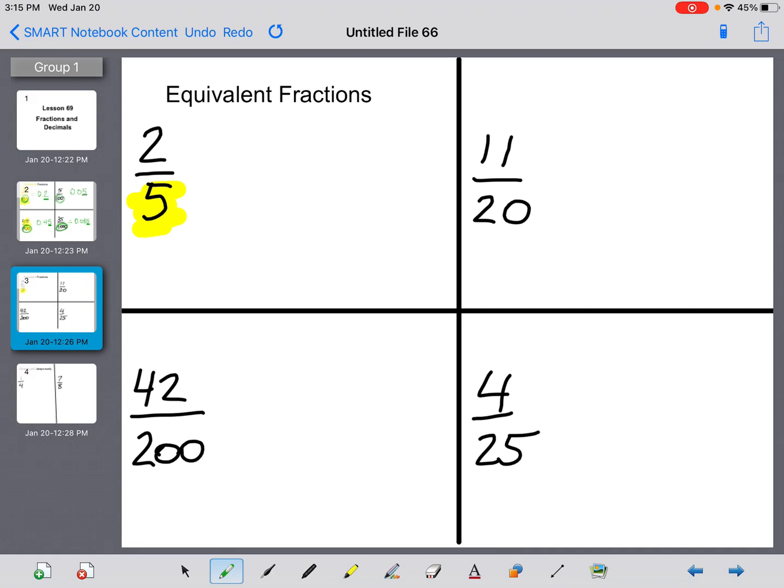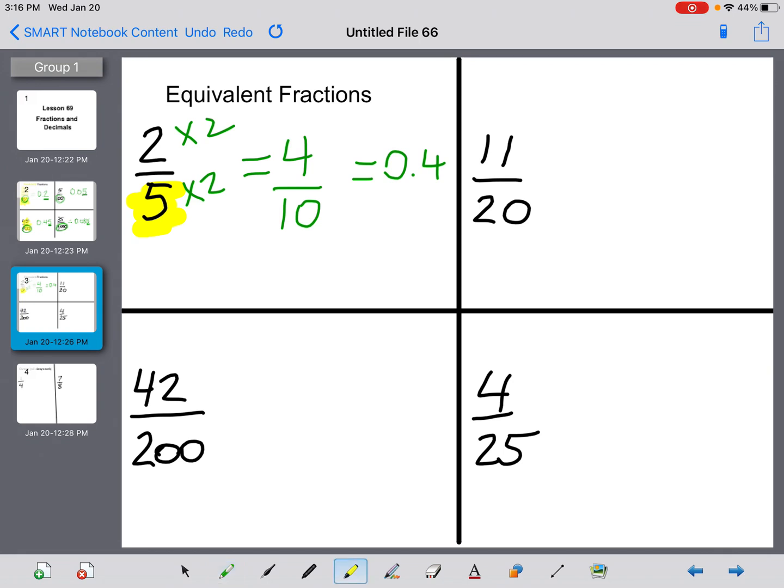But we can very easily change 5 into a nice 10 by multiplying it by 2. And whatever you do to the bottom, you have to do to the top. So we end up with an equivalent fraction of 4/10. Well, now that fraction is a look at it fraction. You just look at it and you know that the 4 has to be in the tenths position.